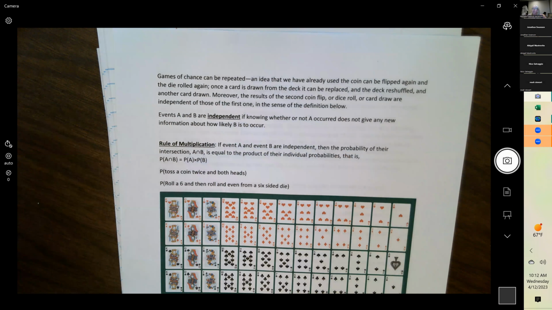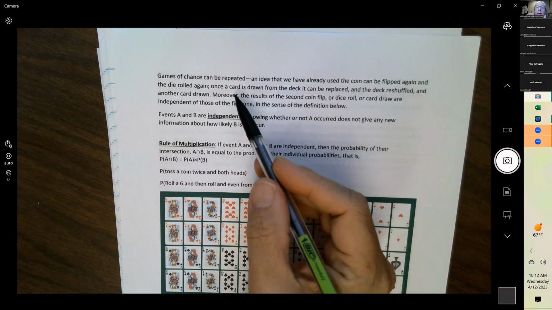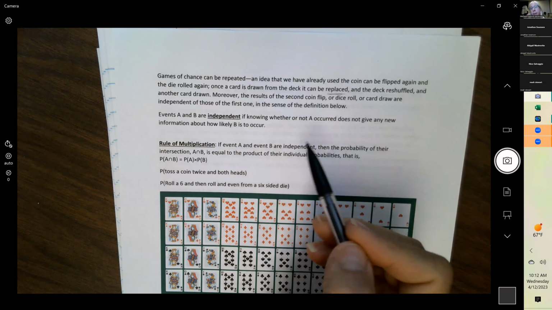Because if I pull a card from a deck of 52 cards, if I don't put it back in, now I only have 51 cards. I'm changing my probability. So on some things you need to be careful. When I toss a coin and toss it again and toss it again, each time I have the same probability, the same thing with a dice. But a card, if I don't replace that card, I'm changing the probabilities.